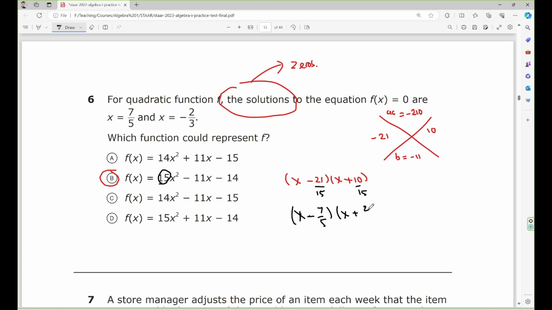So it could be 2/3. And then let each of this one equal 0. s minus 7 over 5 equal 0. Add 7 over 5 both sides. So it could be 7 over 5 right here. s plus 2/3 equal 0. Subtract 2/3 both sides. So s equal negative 2/3. This is the answer right here. So the answer must be B.